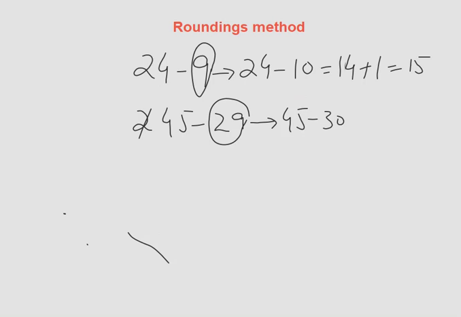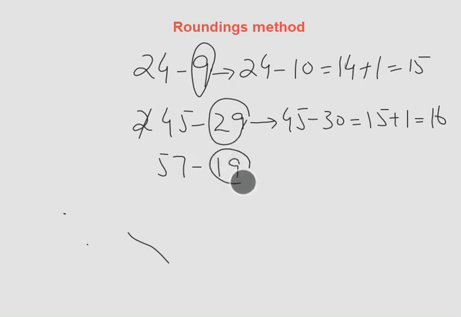So the answer is 15, but we have to subtract 29, and we subtracted 30, so we will add 1, and the answer will be 16. Answer is 16.